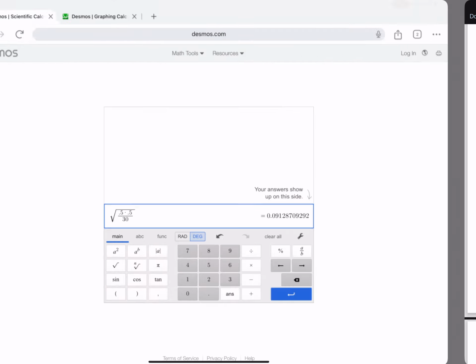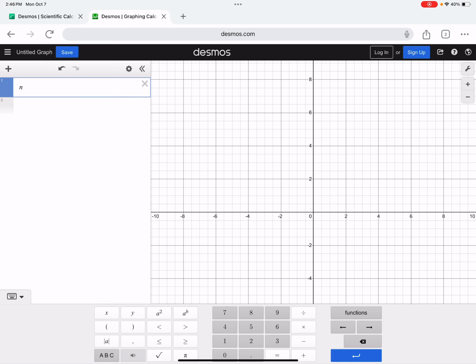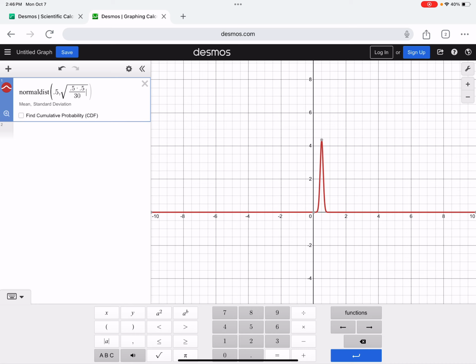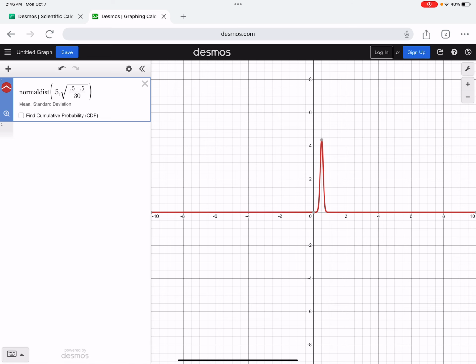So normal dist with a mean of 0.5 and a standard deviation of square root of 0.5 times 0.5 divided by 30. Let's zoom in on that.